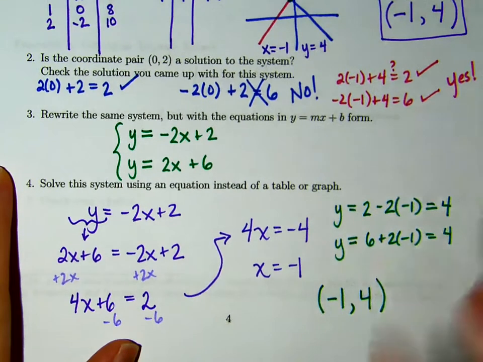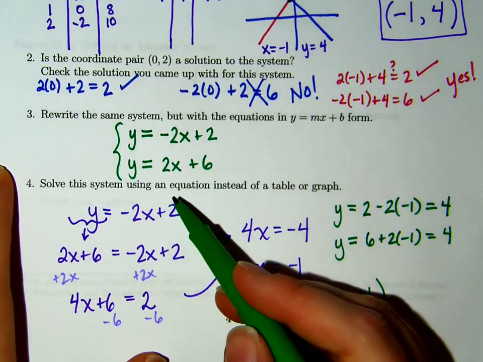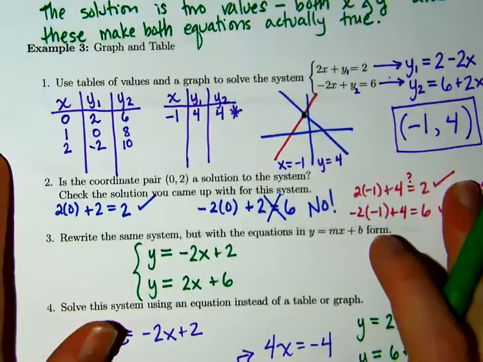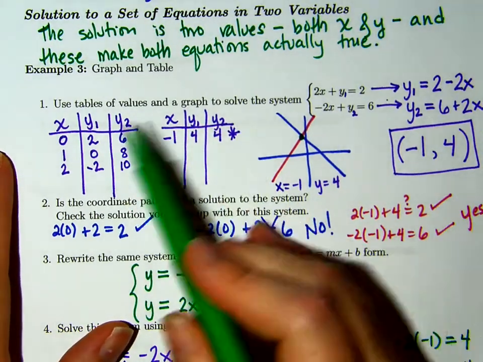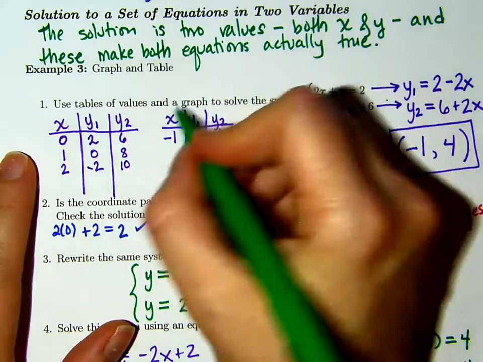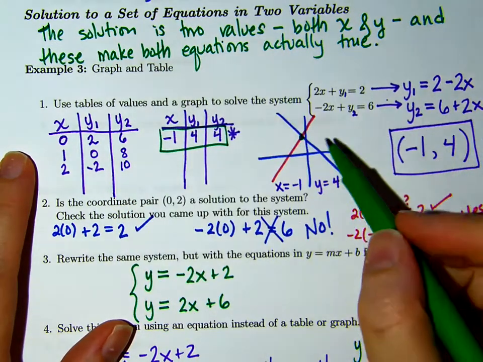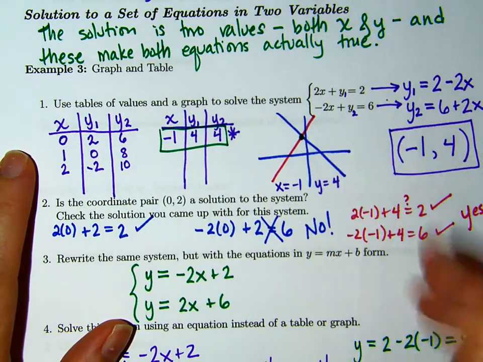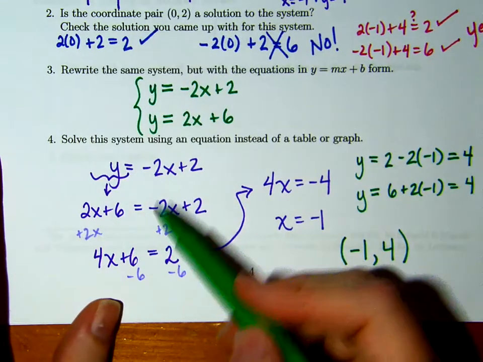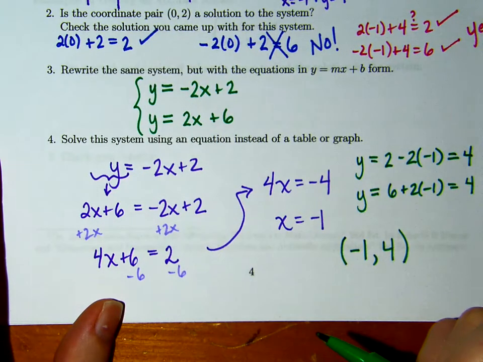Okay, and this is the last way. It's called substitution. So table where they match, graph where they meet, and equations where we set them equal.